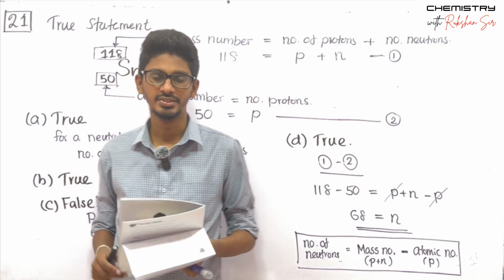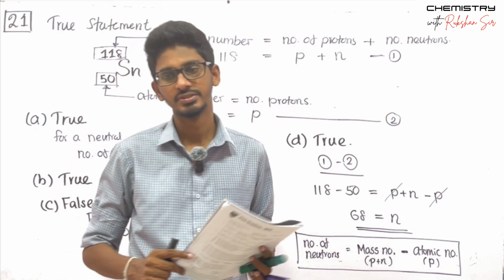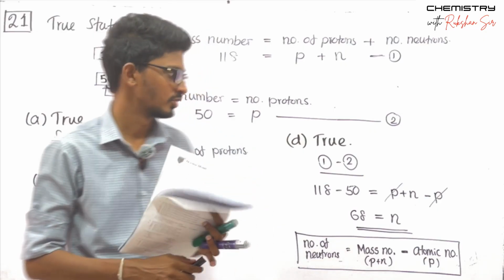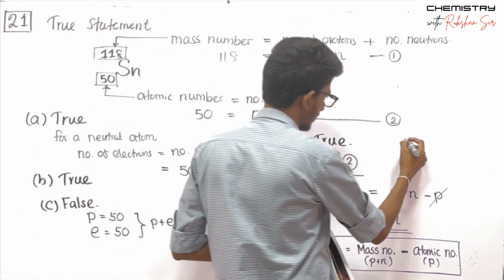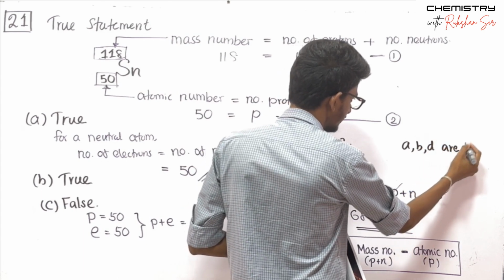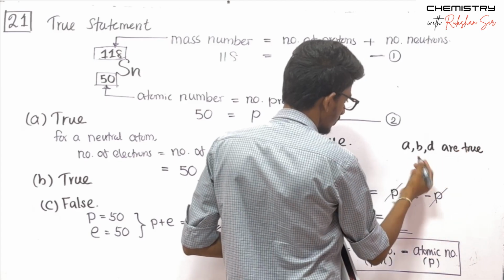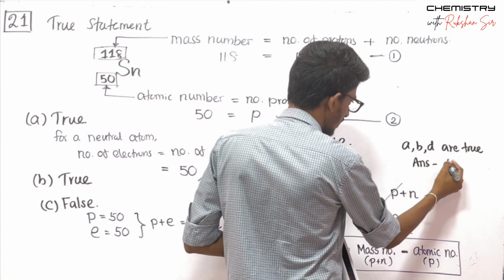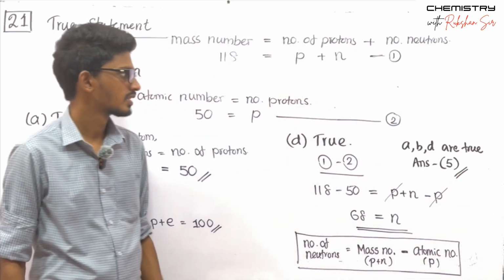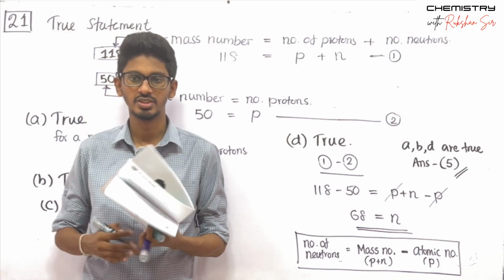Any other possibility comes under number 5. So A, B, D are true, and the answer is number 5. This is the review for question number 21.